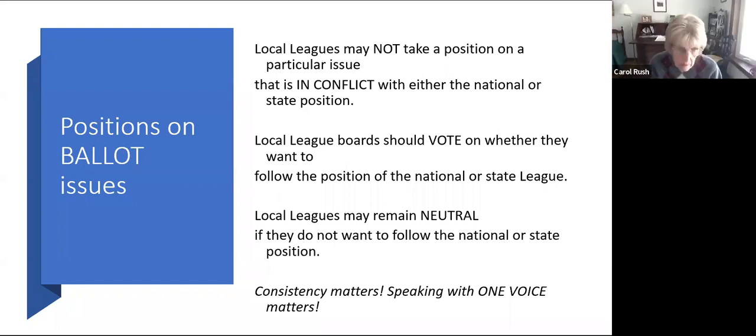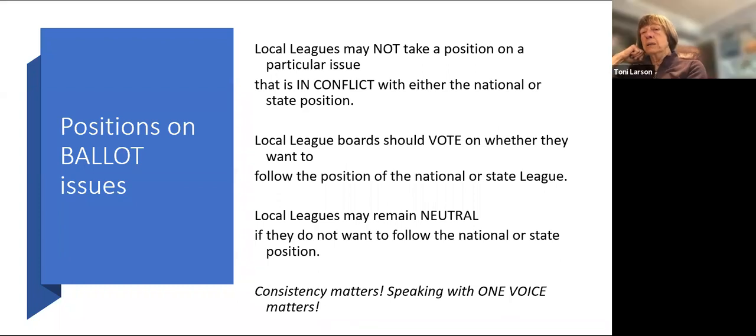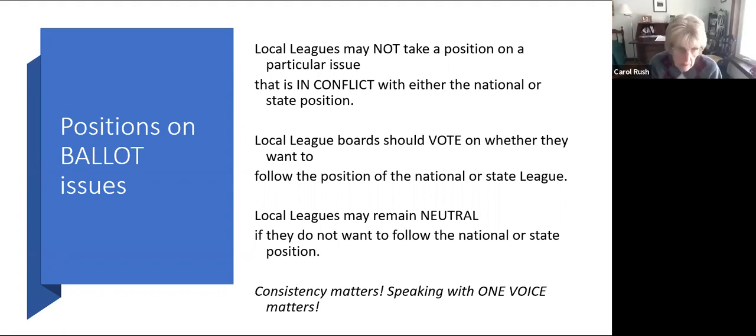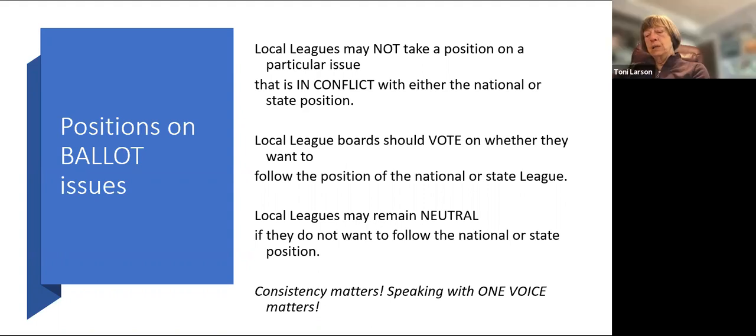So local leagues are not automatically forced to do what the state or the national league says. So consistency matters, and that's why we don't want a voice that is different than what the state league or the national league is saying. It's very important for us to all be on the same page on our positions.